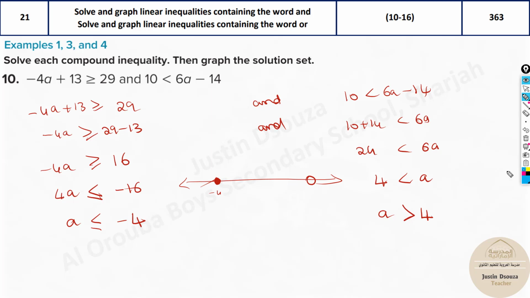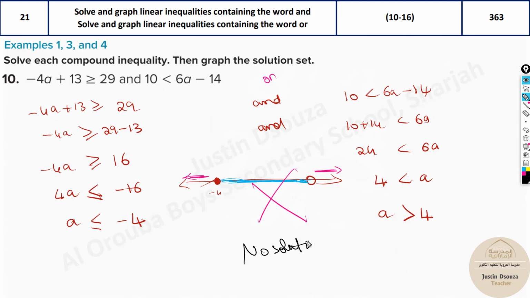The solution must be like this, between both. Is it the case over here? No. What have we got? A is greater than 4. That means this is all the solution, and less than. This is supposed to be like "or". So this is wrong for "and". We cannot have this. There is no solution for this case. There is no solution.